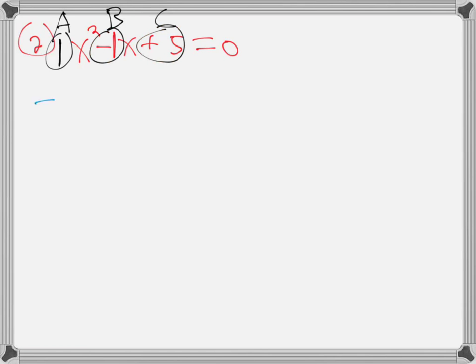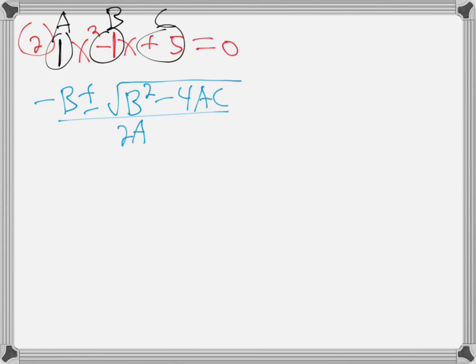So, it's going to be negative B plus or minus the square root of B squared minus 4AC all over 2A. Plug in the B right there, so you get negative -1.